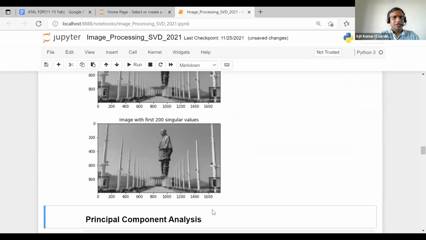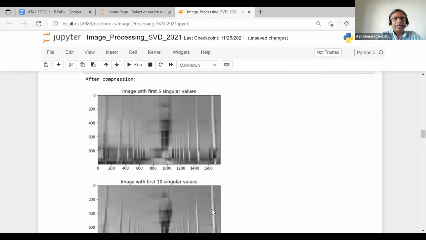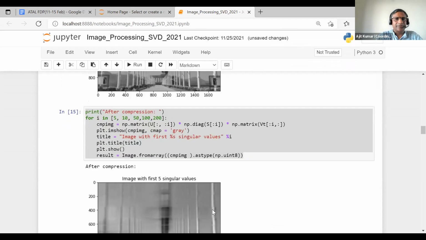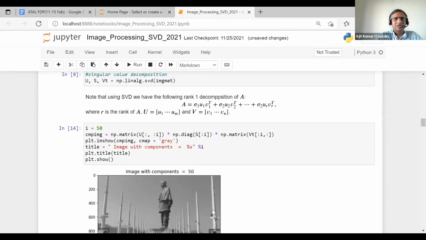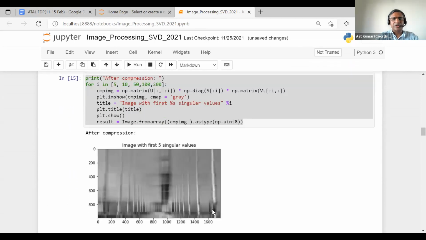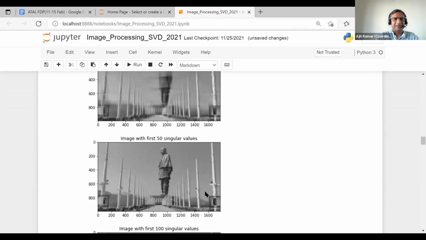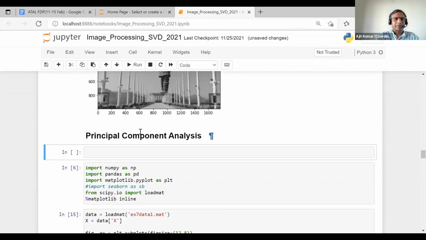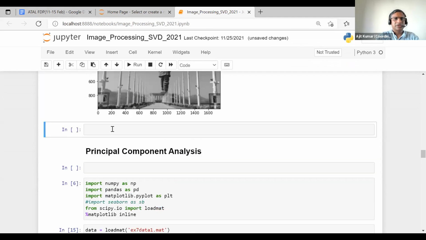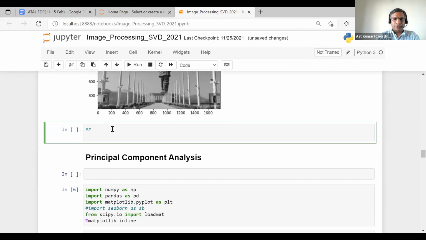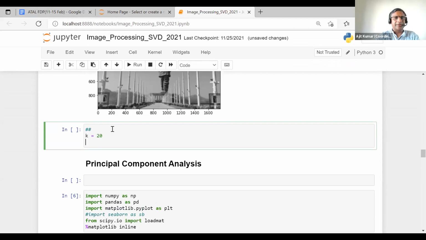Yeah. And if you look at actually the size, let's look at, for example, 20 components. If I look at the 20 components, then what do we have? So let us say K is equal to 20. Then the size of the matrix: first you have the sigma 1.